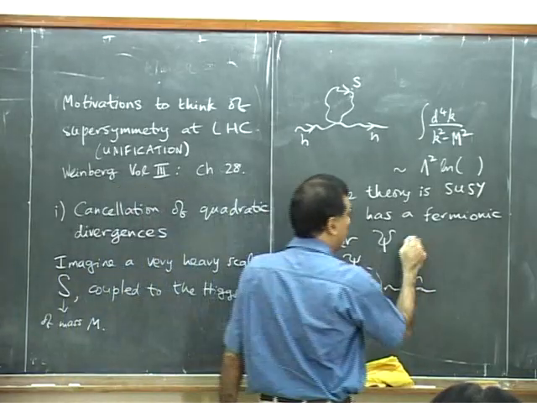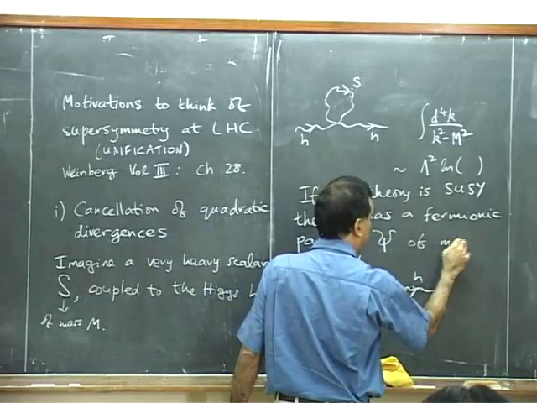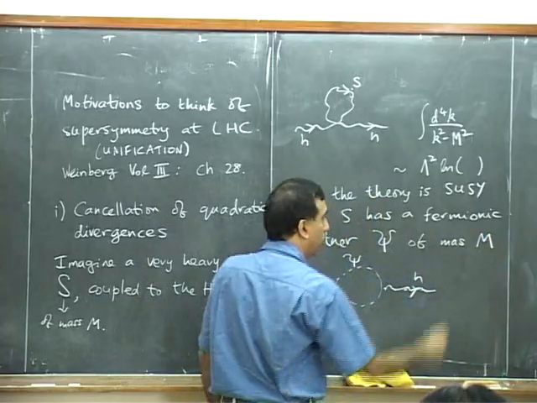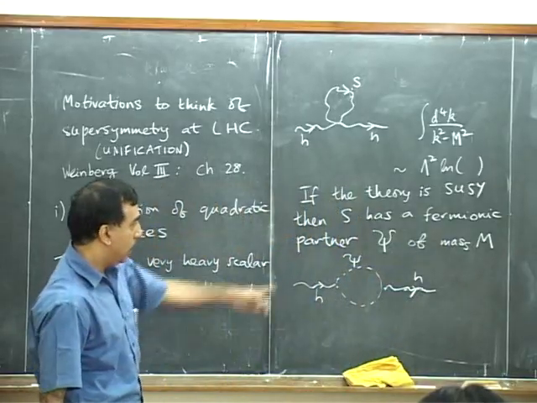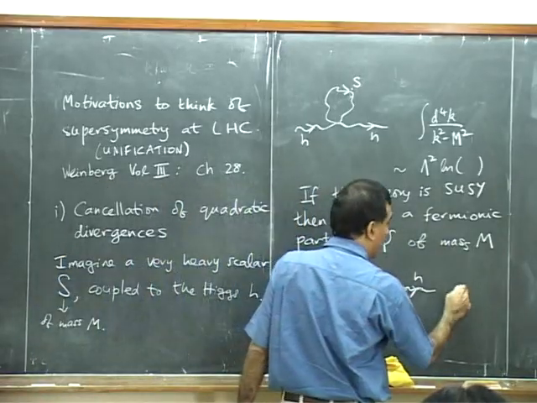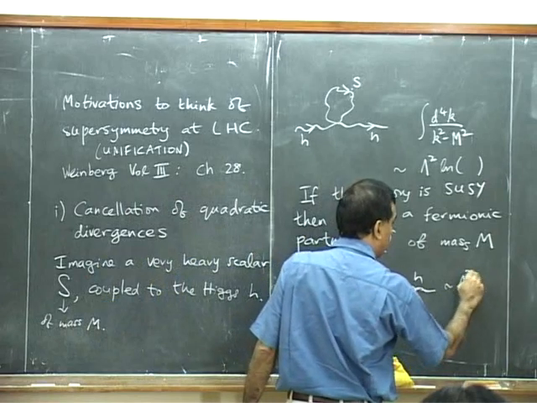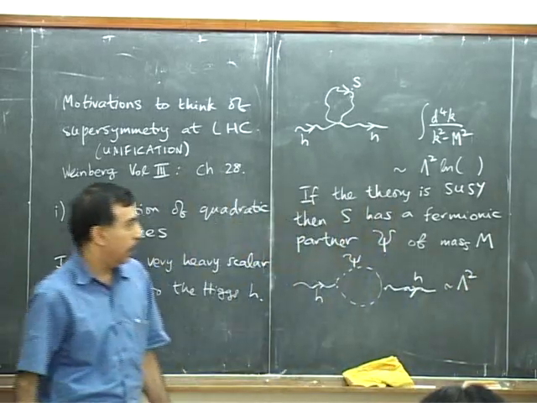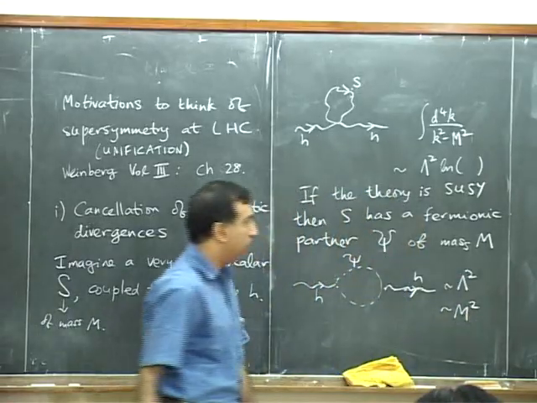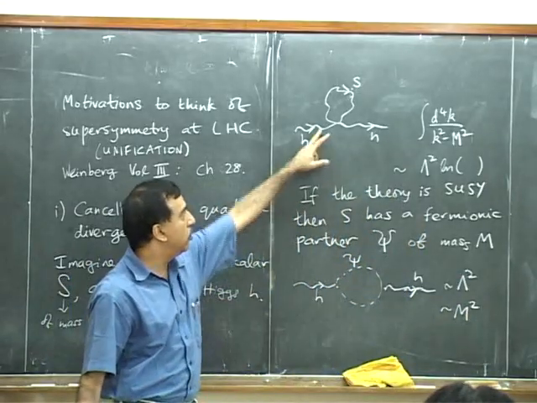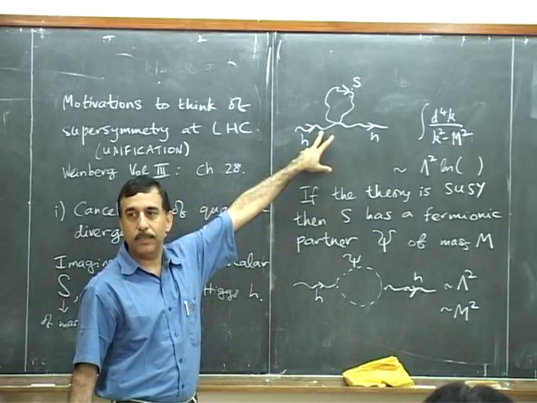Psi will have the same mass as S, so again of mass M, and this integral will evaluate again to something of order lambda squared, and therefore eventually after renormalization to order M squared, which means this is another contribution of the same order as this.